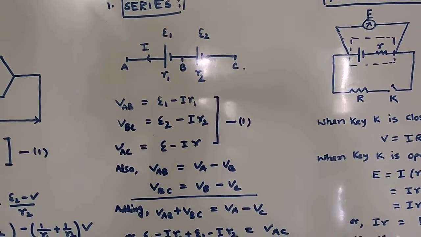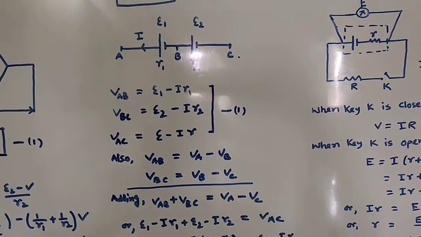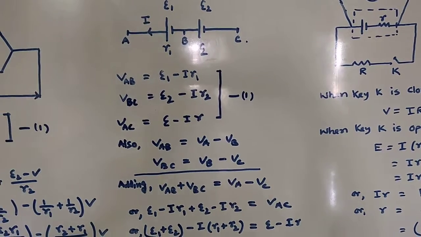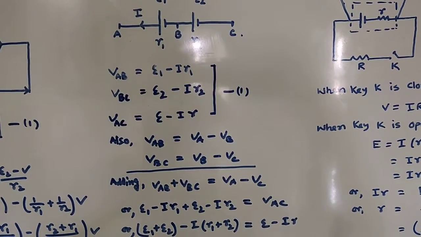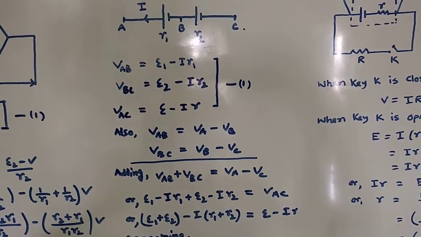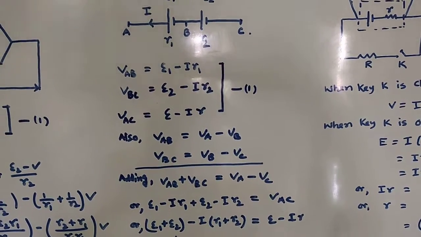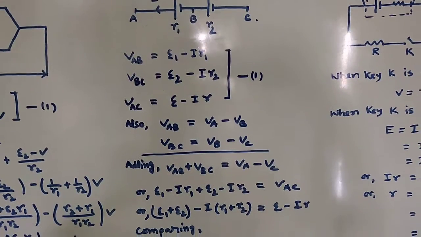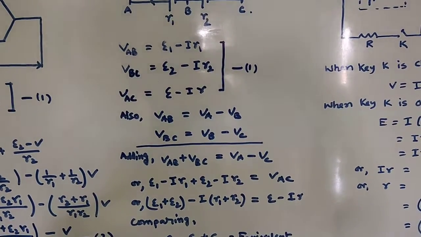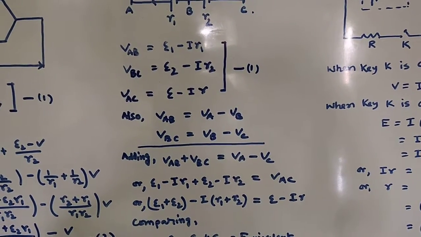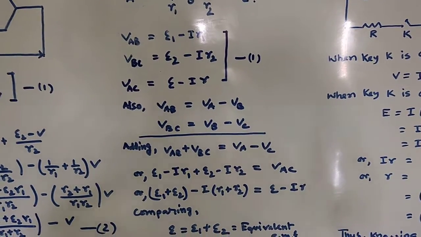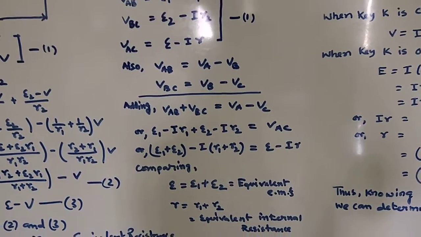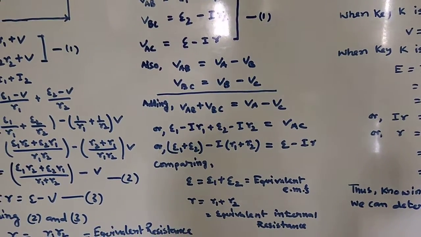So if you sum up, V_B cancels and you will get V_A minus V_C. So for V_AB we substitute E1 minus Ir1, plus V_BC which is E2 minus Ir2. V_A minus V_C is nothing but V_AC, which we already defined as E minus Ir. So we simplify to (E1 plus E2) minus I times (r1 plus r2). If you compare, you will get E equal to E1 plus E2 and r equal to r1 plus r2.